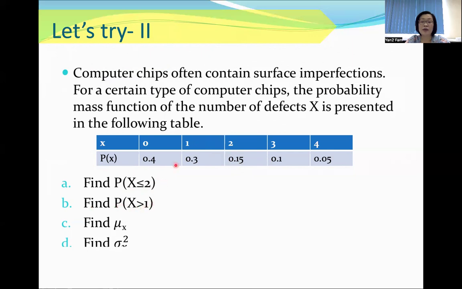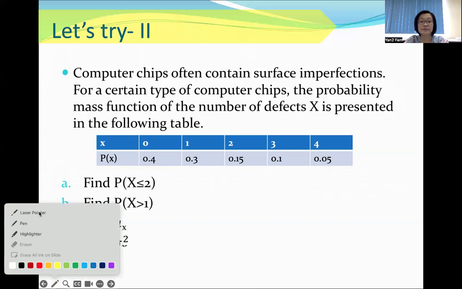What we can do is 1 minus P smaller or equals to 1. Right. You can do bigger than 1, so you choose x equals to 2 plus x equals to 3 plus x equals to 4. That's it. You can also find 1 minus P(x smaller or equals to 1).